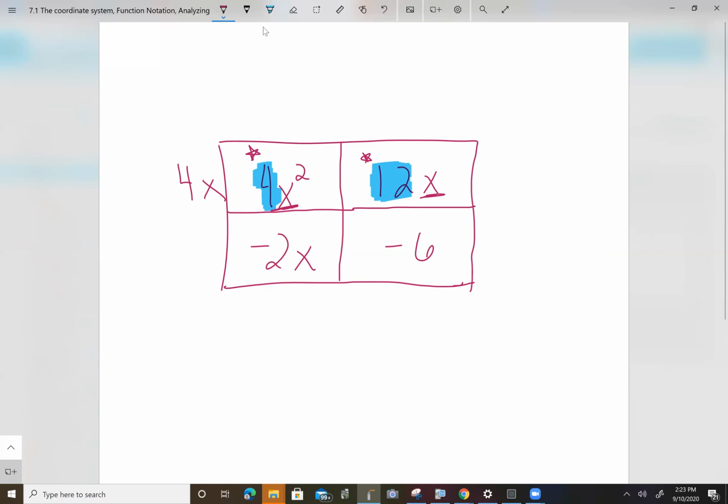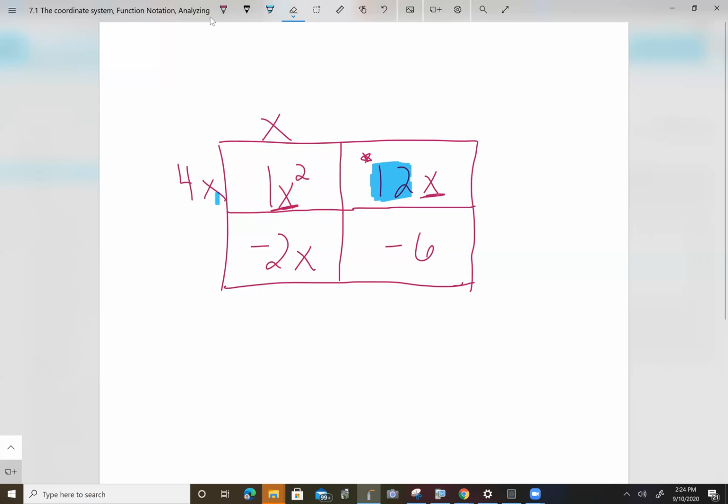Now I'm looking at, okay, if the area of this box is 4x squared, and I already have the 4x out here on the outside, then I know that the top must be x, because that's the only way to get 2 of those x's there. Okay. Now let's take a look. Let me erase some of this so we have a better idea of what's happening.